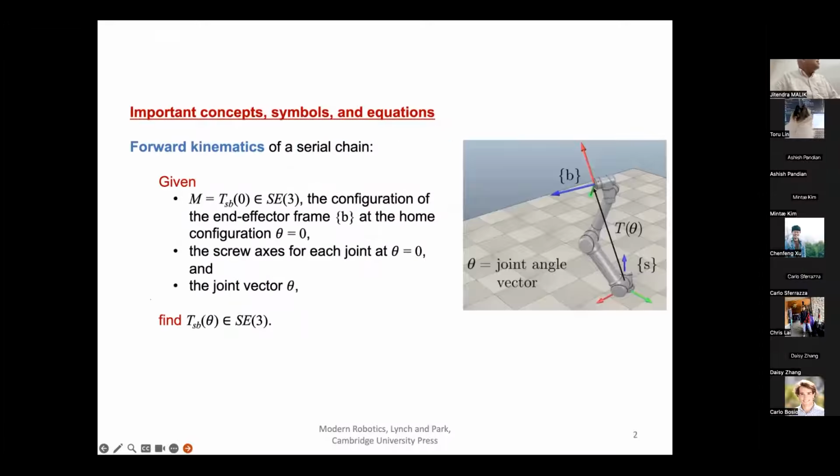Now there is a little bit of mathematical terminology here, and I'm going to tell you a little bit about this in the course of this lecture. What I'm going to do here is kind of a one lecture summary of what is normally taught in a few weeks in, for example, ECS 106, the undergraduate robotics class. Some of you know this material well, so you will either get bored or it'll be a useful revision.